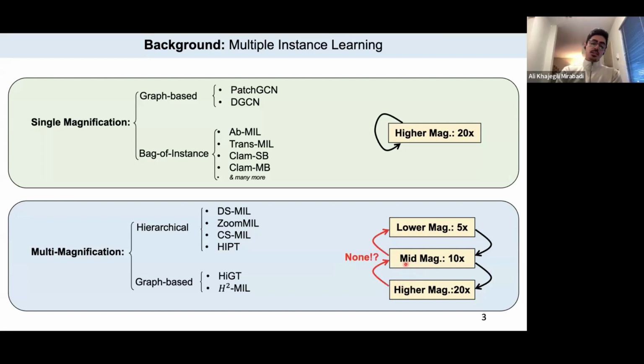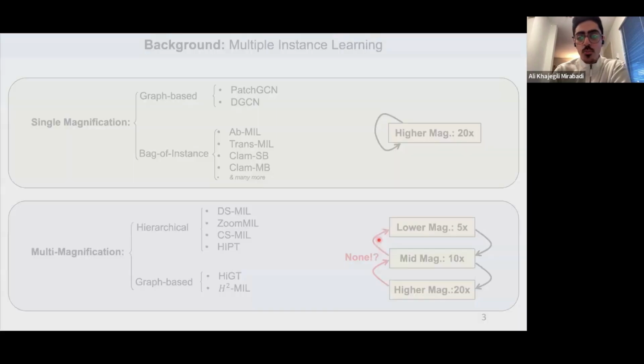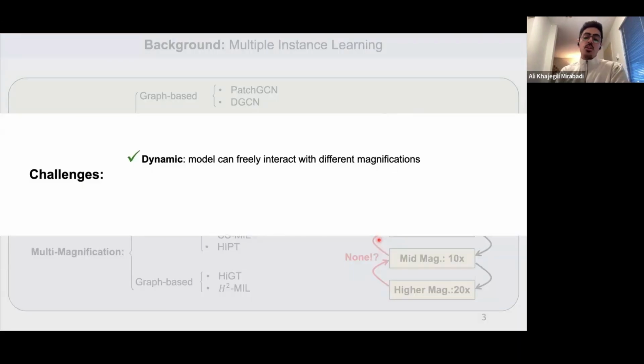So the question here is, can we implement the backward pass as well, from 20x to 10x and 10x to 5x? This is basically similar to zooming out. From 5x to 20x is zooming in, from 20x to 5x is zooming out, if we see it under a microscope. So all of this brings up a few challenges.